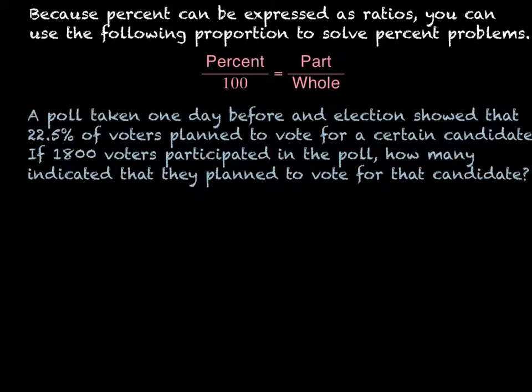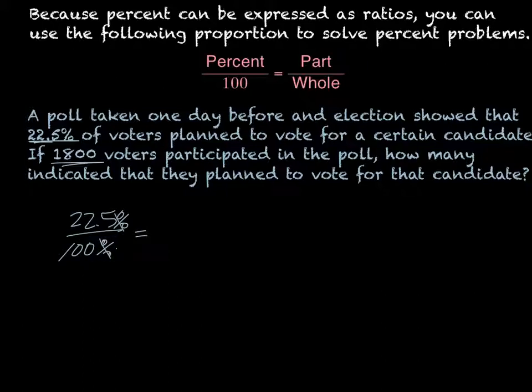A poll taken one day before an election showed that 22.5% of the voters plan to vote for a certain candidate. If 1,800 voters participated in the poll, how many indicated that they plan to vote for that candidate? Okay, so my percentage, percent over 100, so 22.5% over 100%.